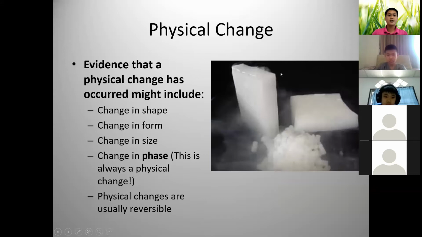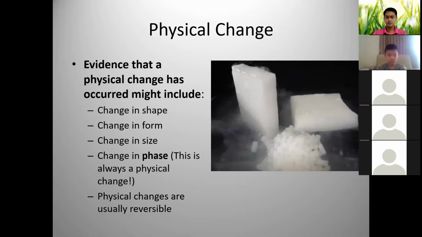So here is the evidence that a physical change has occurred: change in shape, change in form, change in size, change in phase. Physical changes are usually reversible. For example, a change in shape: we have a square wood.